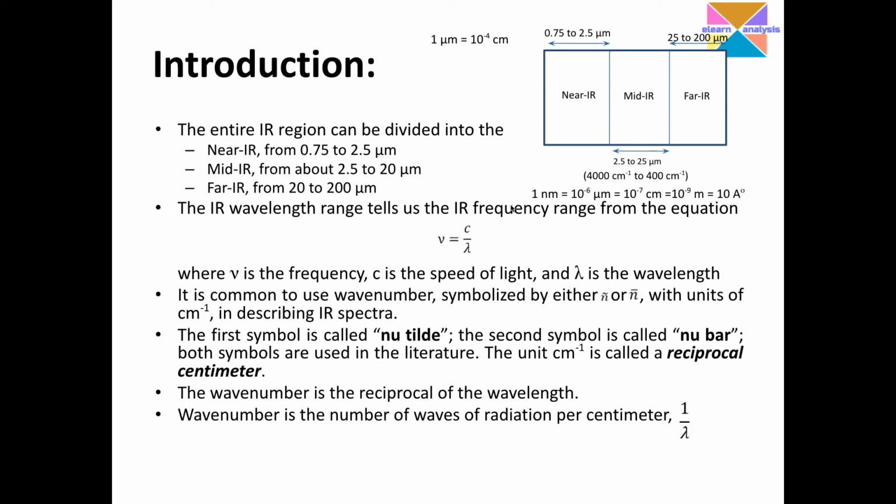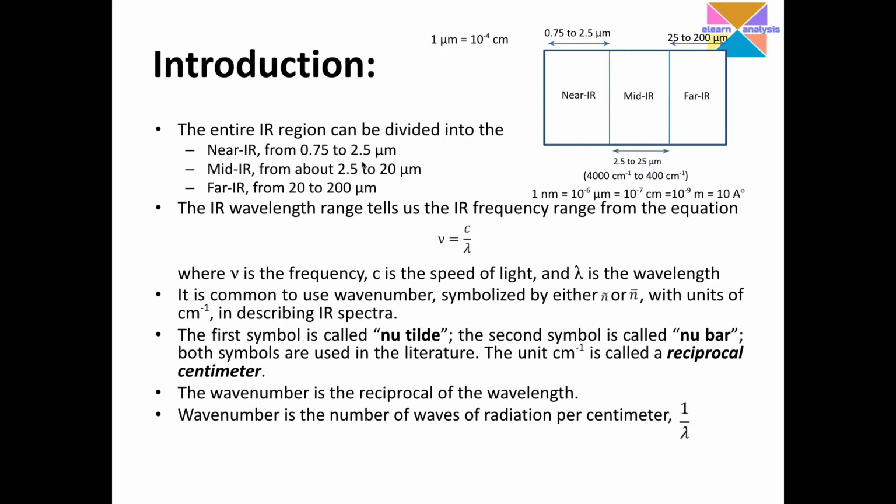I would like to bring your kind attention to this particular diagram here, where I am demarking the region of the entire infrared electromagnetic radiations in three different categories, that is near IR, mid IR, and far IR.